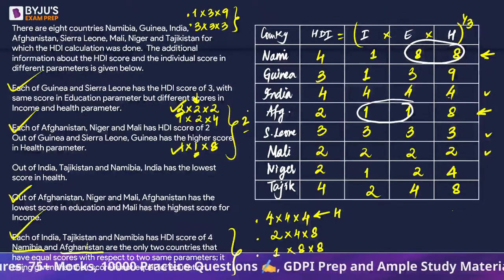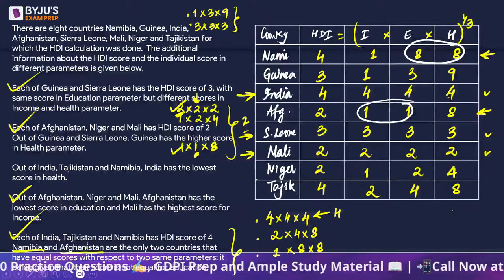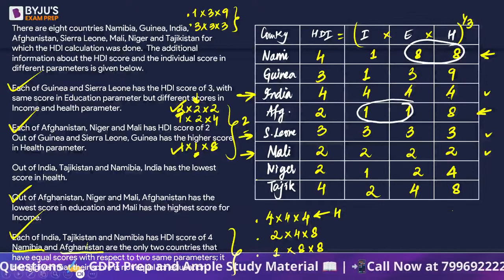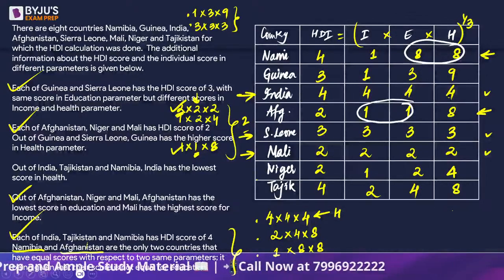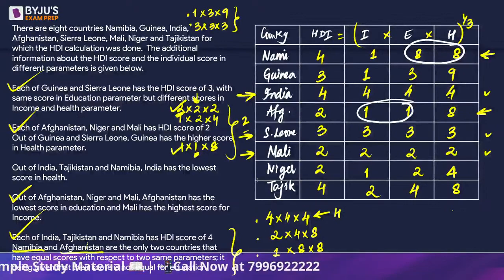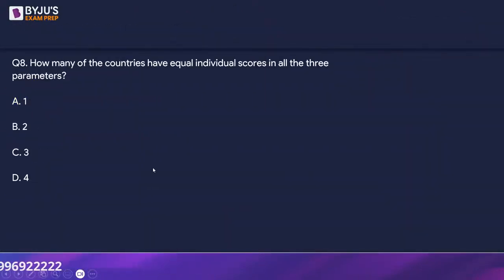So are we talking about India, Sierra Leone and Mali, that in every parameter we have the same value, right? We are talking about those countries with the same value in all. So there are 3 such countries. C option.